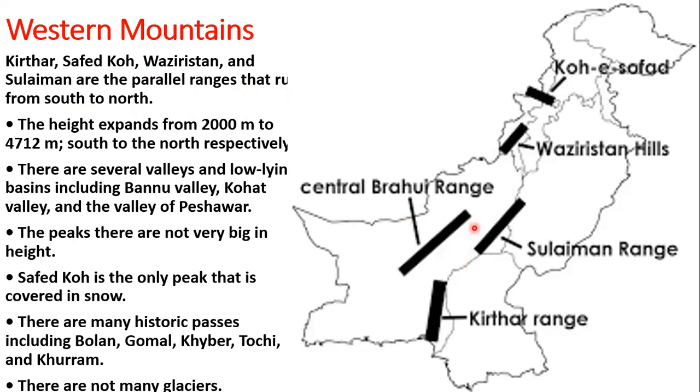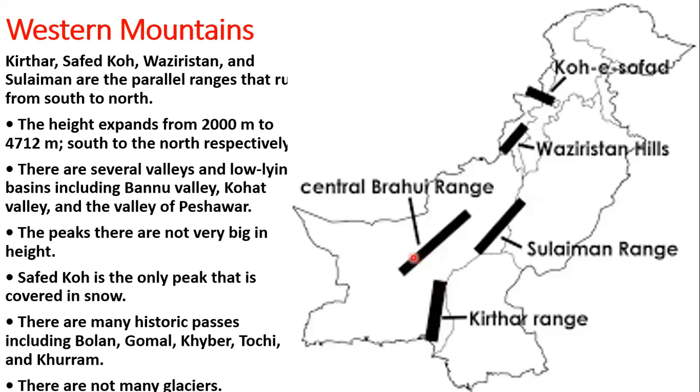Look at this map and you find out that if you start from Sindh, this is called Kirthar range. This range starts from the Arabian Sea and is on the bank of Indus River and the affiliated regions. This is called Kirthar.